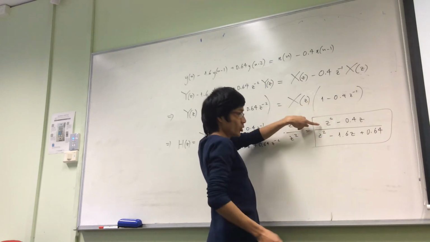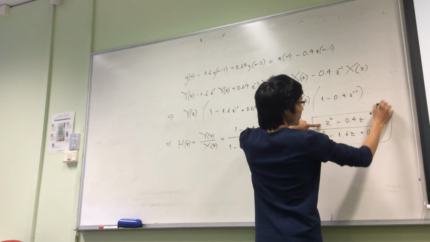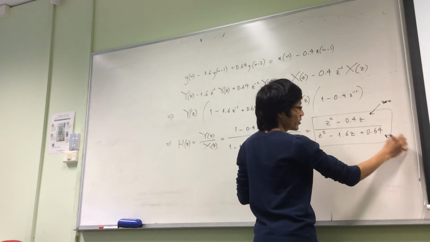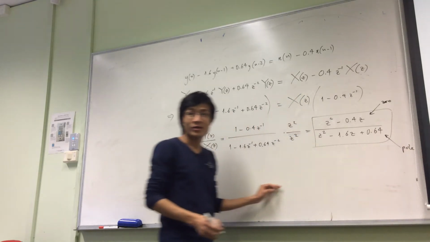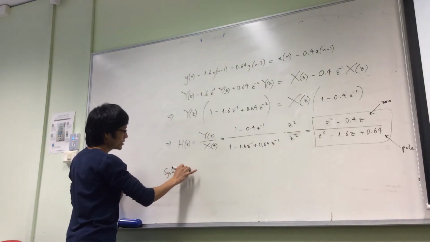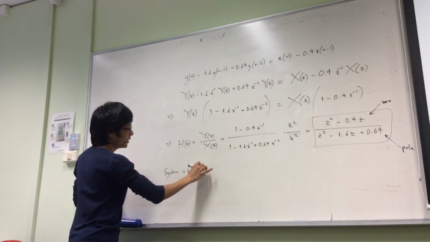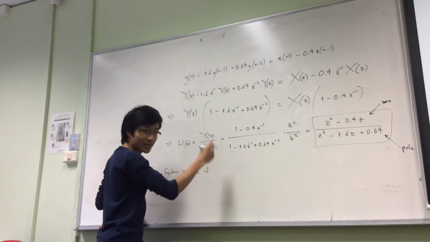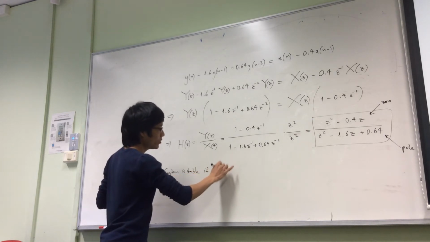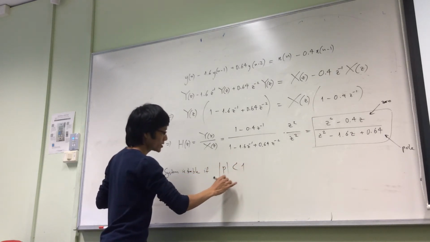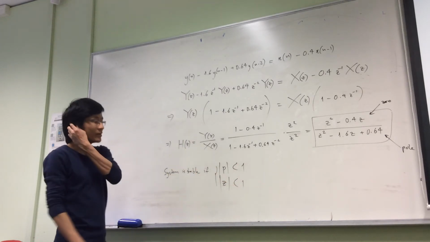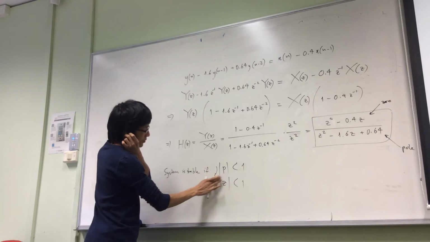The roots on top we call zeros, and the bottom we call poles. The system is stable if all the pole magnitudes are less than 1 and all the zero magnitudes are less than 1. Easy. It's stable.